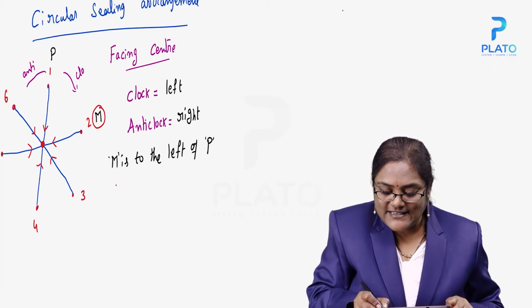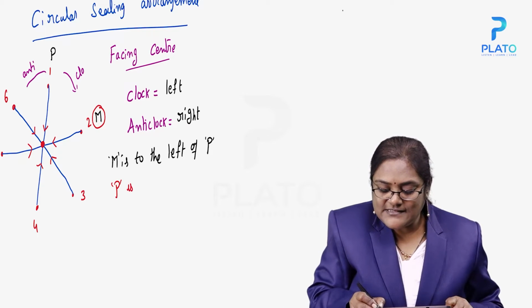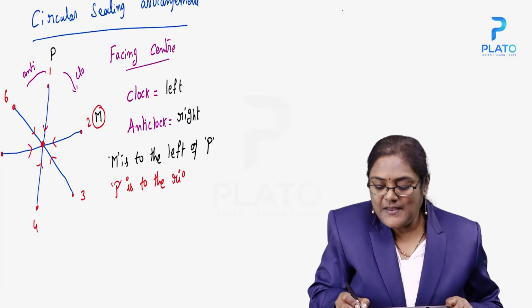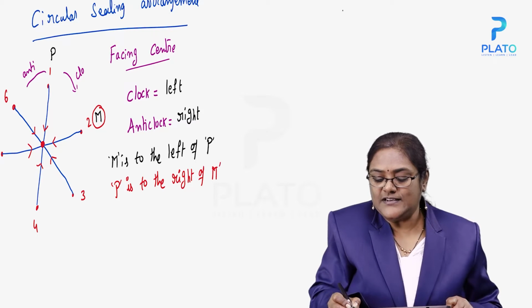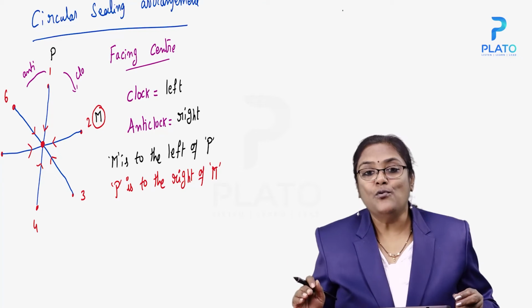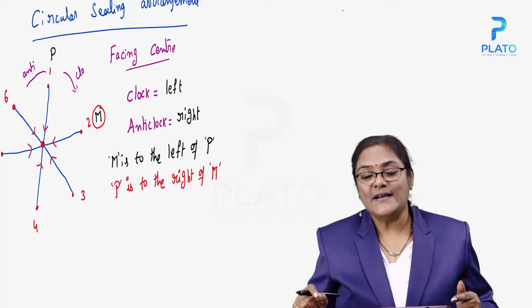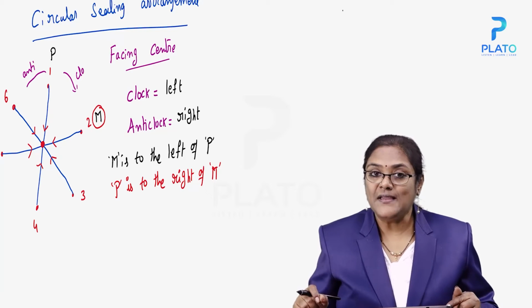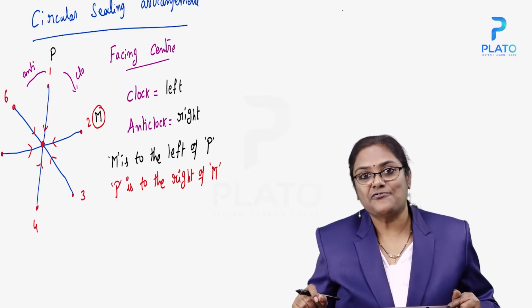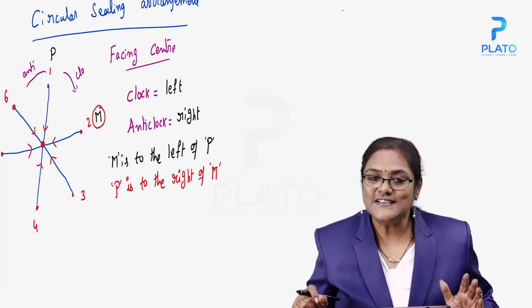Therefore, you can say P is to the right of M. Got it? So from whom you are checking is important. From him, clockwise means left side. From him, anti-clockwise means right side. Is that point clear, dear friends?